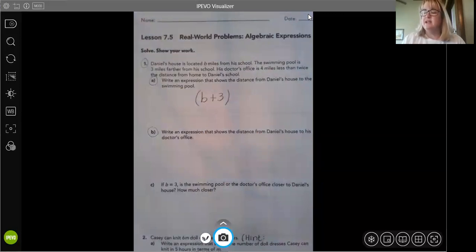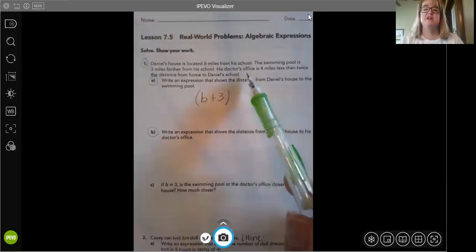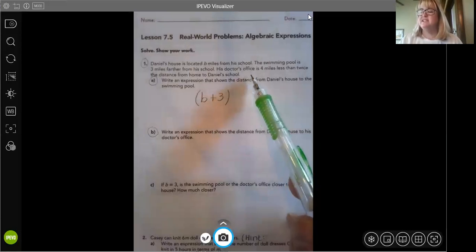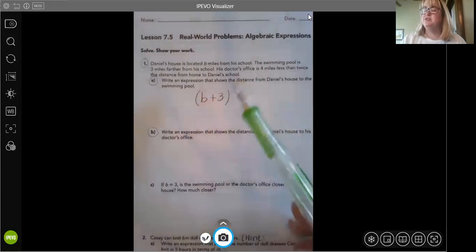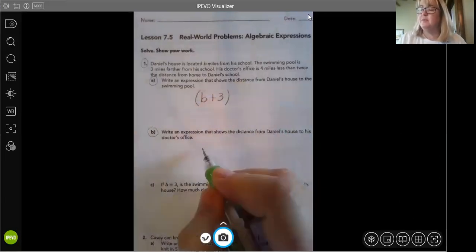All right, let's look at B. B says, write an expression that shows the distance from Daniel's house to his doctor's office. The doctor's office is 4 miles less than twice the distance from home to Daniel's school. Well, home to Daniel's school is B. 4 miles less than twice that distance would be 2 times B, which is 2B.